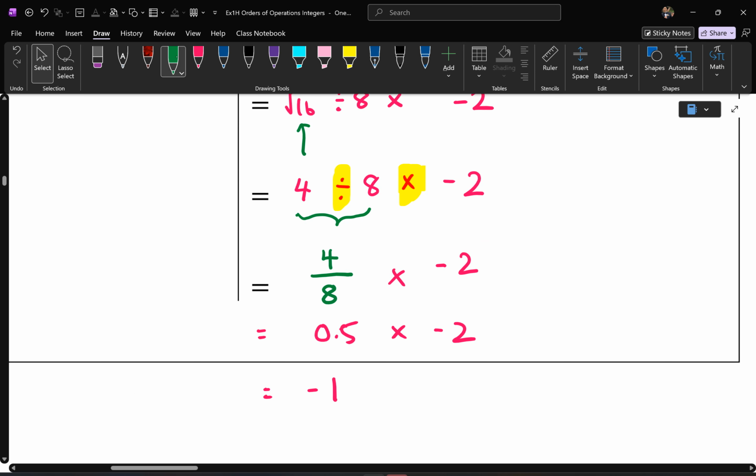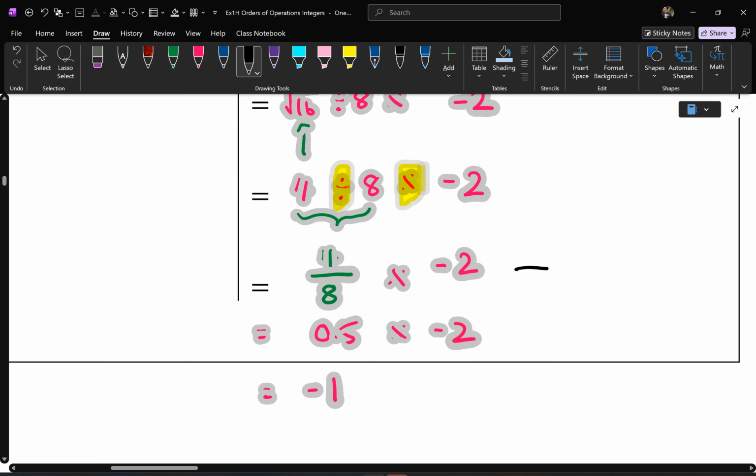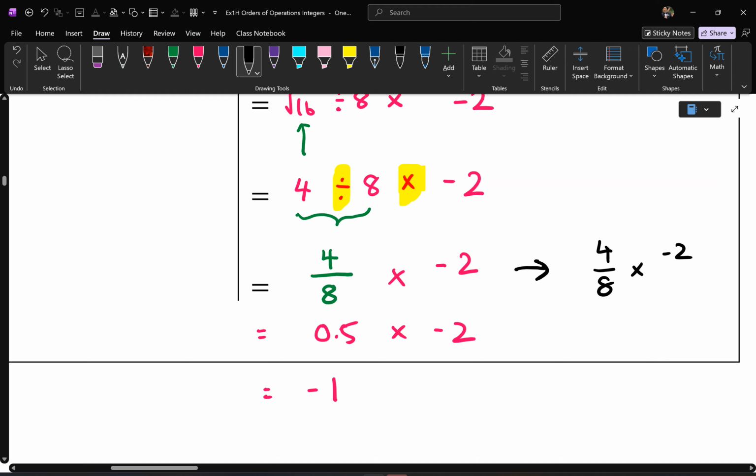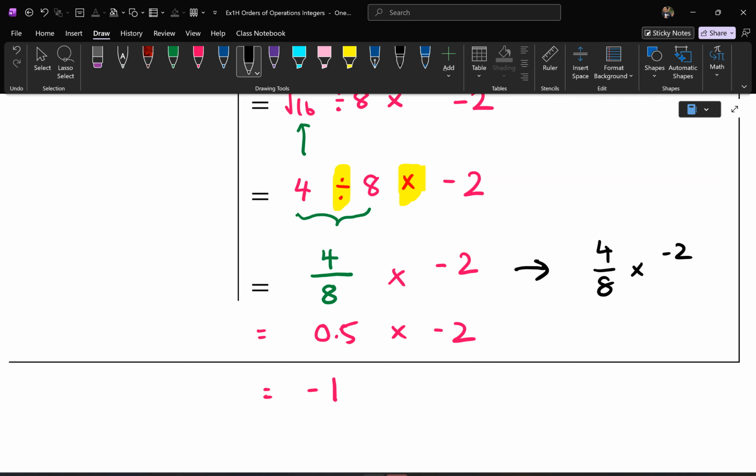Okay, if you want to do it the proper way, this is the proper mathematics to it. 4 over 8 times -2. How do you write 2 as a fraction again? Anyone remember? Yes, Pierre? Yes, because 2 is a whole number, and we know that there is 2 ones that fit into 2. So if you want to write a whole number as a fraction, it's divided by 1.